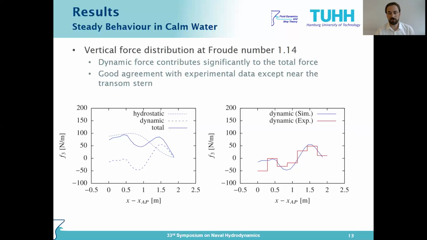And it can be seen that there's good agreement except for the sections close to the transom stern, and these deviations might be explained by the fact that the pressure is atmospheric at the transom stern, which cannot be accounted for by this method, as the flow at a certain cross-section is only influenced by what happens upstream of this cross-section. This is usually the most important 3D effect that has to be kept in mind using this method.